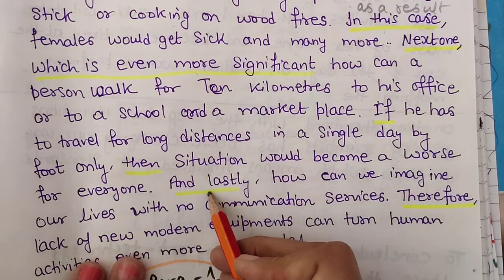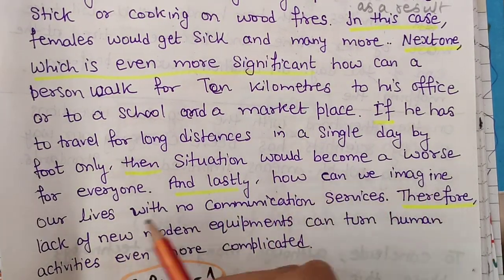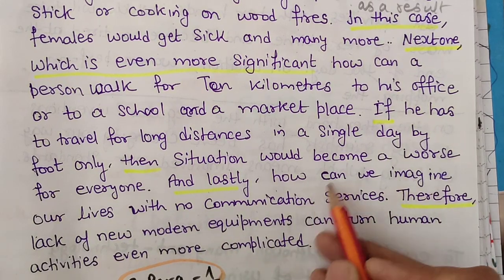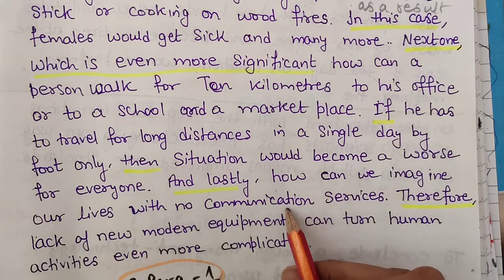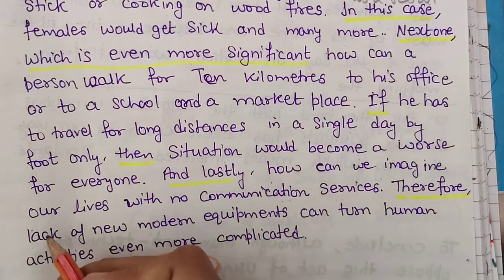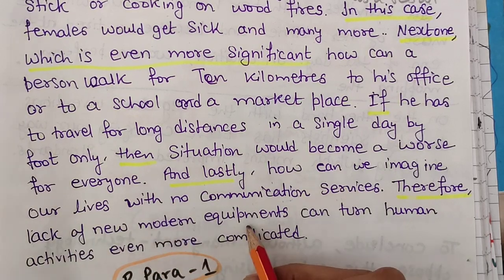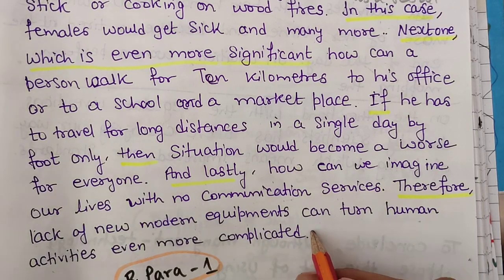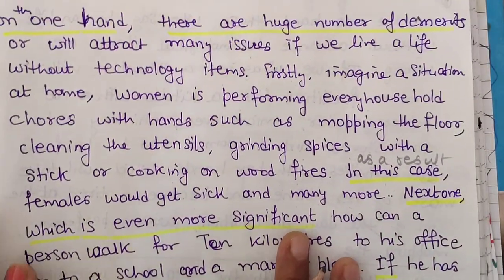Okay. And lastly, how can we imagine our lives with no communication services? I have not explained this full point. I will explain this full point in my next paragraph. Therefore, lack of new modern equipment can turn human activities even more complicated. Okay, so see this, how I have started.